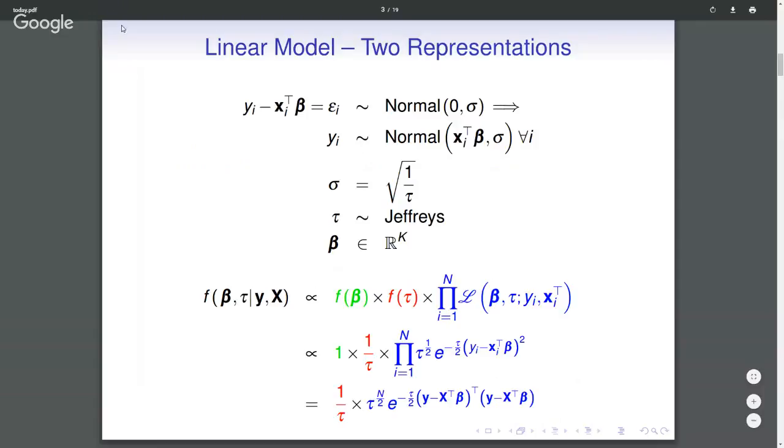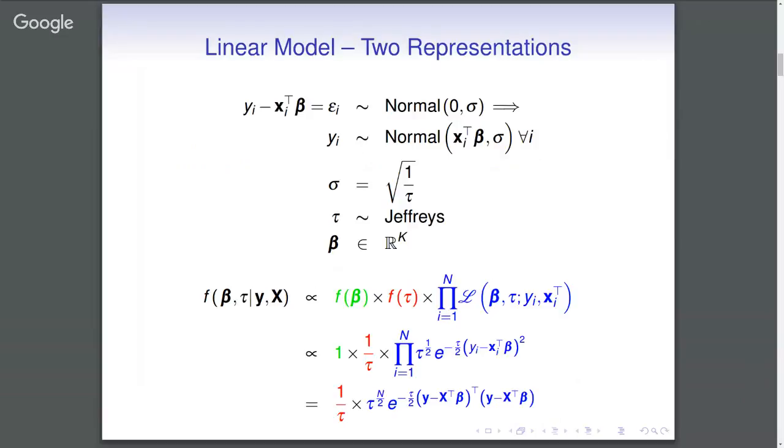So to start off with, we're going to make an assumption about the error term in the way the data are generated according to a linear model. So the error term is the difference between the outcome and the vector product of our predictors and our coefficients beta.